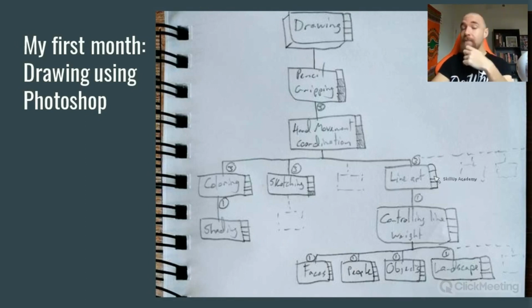Line art might actually be a 3. It was surprisingly easier than I thought. And coloring might be 3 as well. So always revisit your skill tree so that if ever you want to continue your drawing lesson, your drawing training a bit later on, you can always refer back to it and you know where you left off.